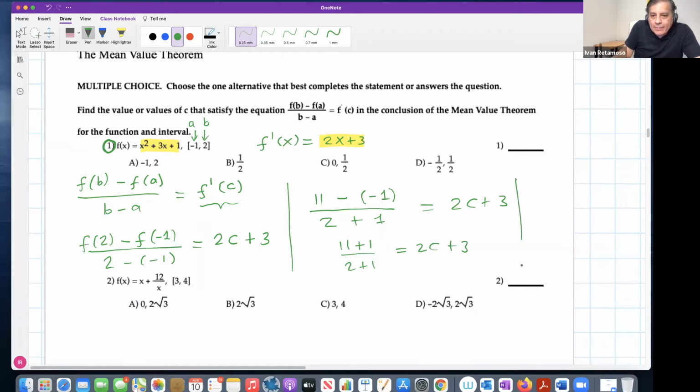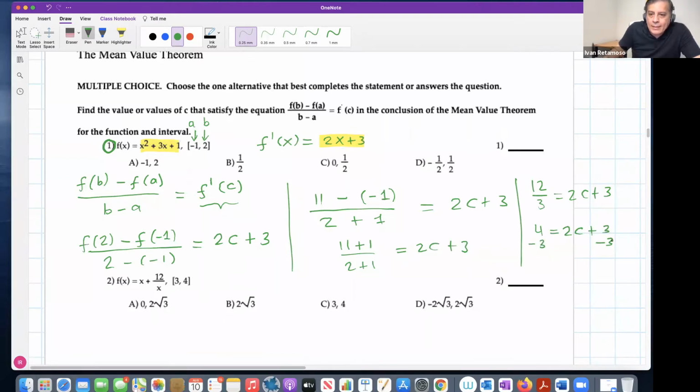But what is this? 11 plus 1 is just 12. 2 plus 1 is 3, equals 2c plus 3. And finally, when you divide 12 by 3, you get 4, equals 2c plus 3.